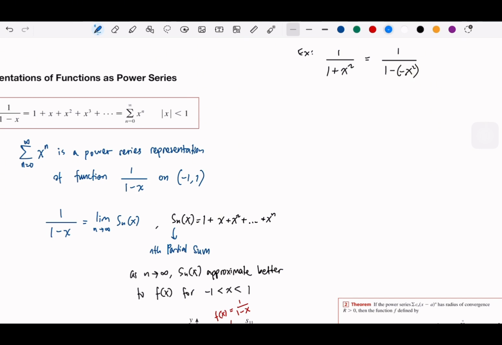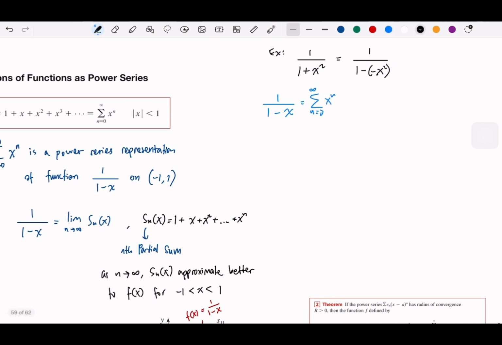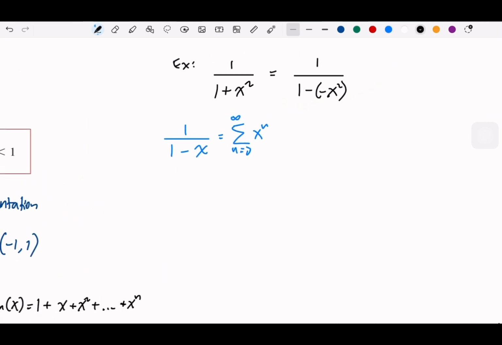Now our reference is 1 over 1 minus x, which is the sum of this. So our idea here is to exchange this negative x squared for the x in x to the power n.